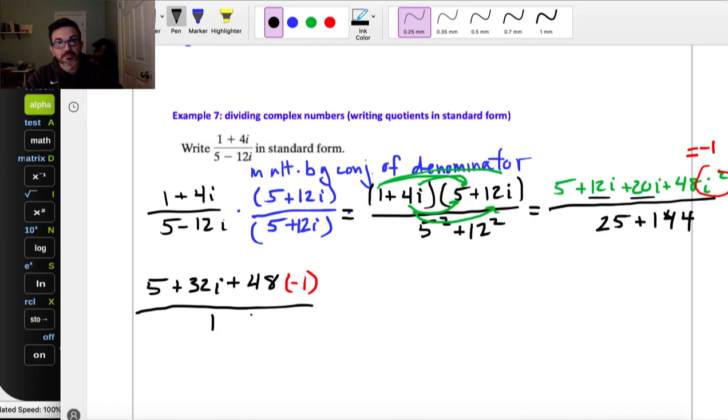And so simplify the bottom, I get 169. I'll simplify the top. 48 times negative 1 is negative 48. So negative 48 plus 5 is negative 43.